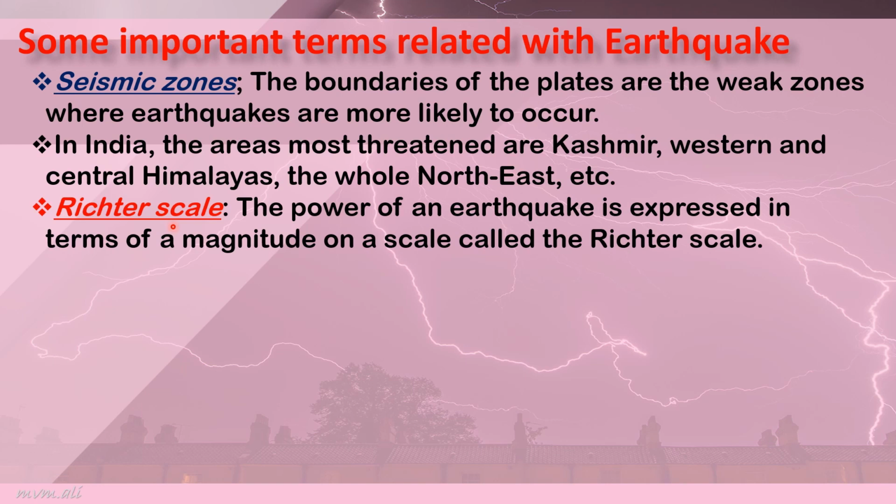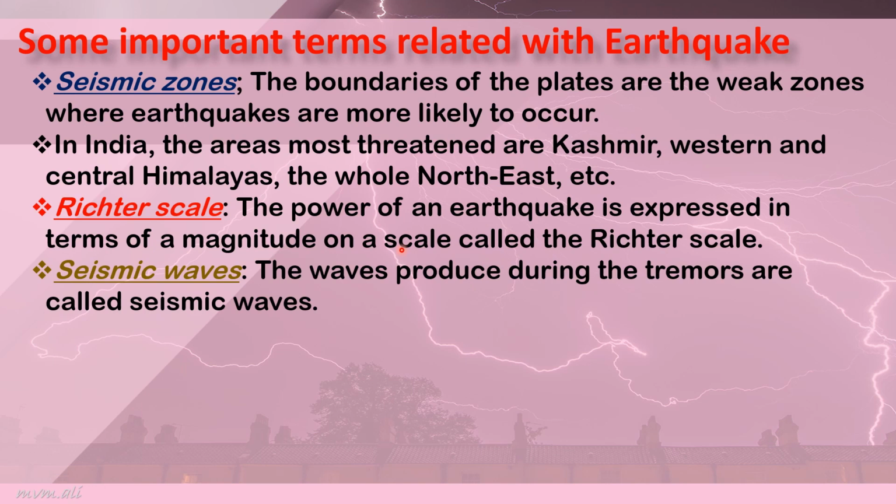And the Richter scale. This is the scale or unit which we are using to measure the destructive power of the earthquake. The power of an earthquake is expressed in terms of magnitude on a scale called the Richter scale. The seismic waves: the waves produced during the tremors or the shaking are called seismic waves.